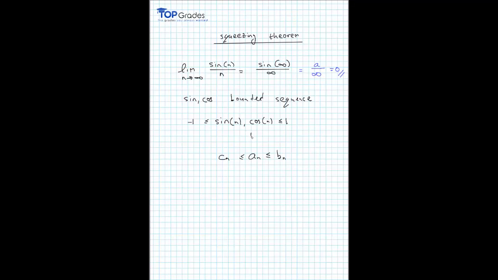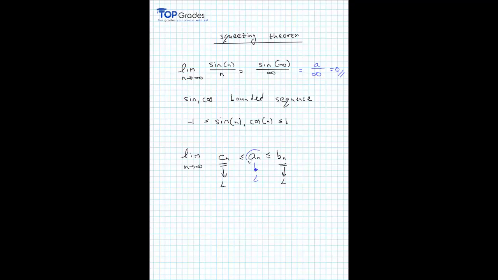It can be like an is 1 divided by n, bn can be 2 divided by n, and cn can be half divided by n. This is the meaning. If we apply limit to those two sequences, and both limits reach L, it means that an also reaches the same limit.